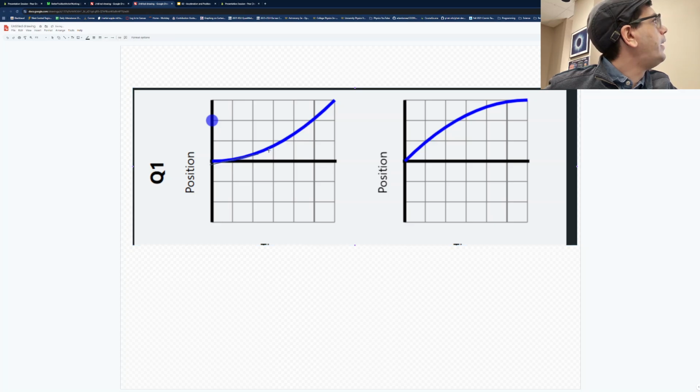So there's a tangent line, there's a tangent line, there's, well, that's not a great tangent line, but close enough. Let me make these bigger.